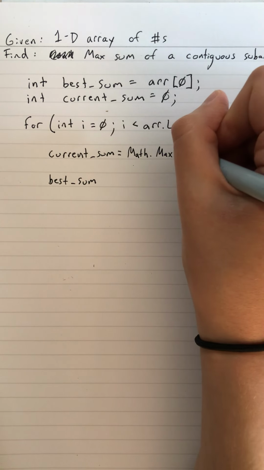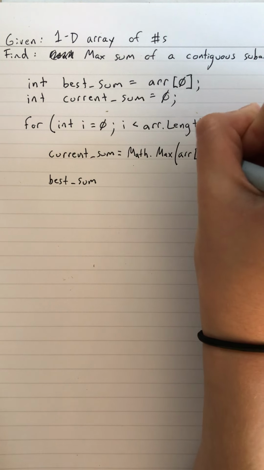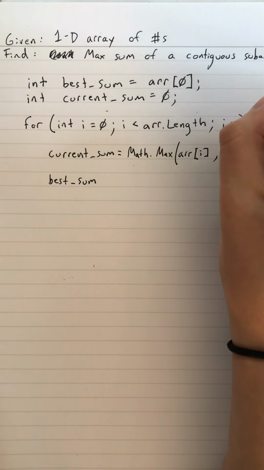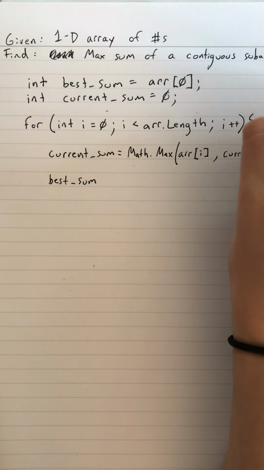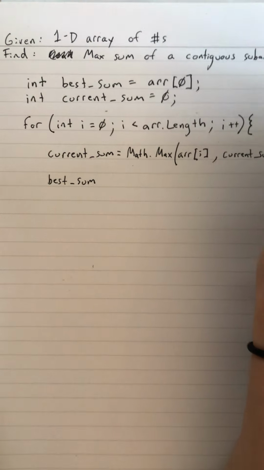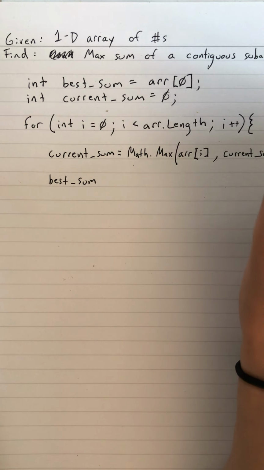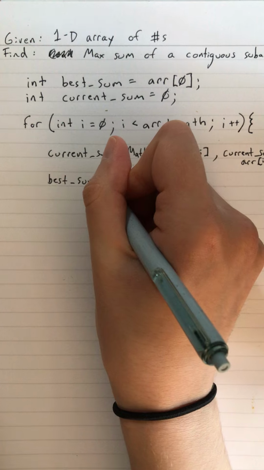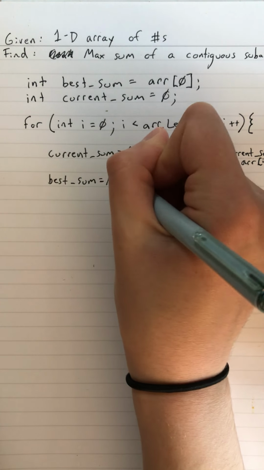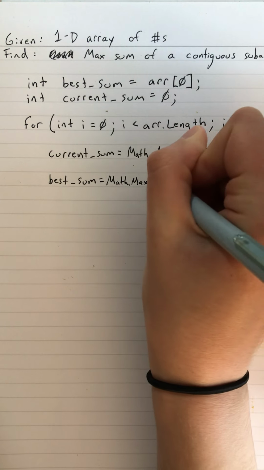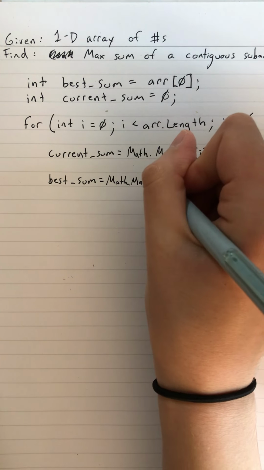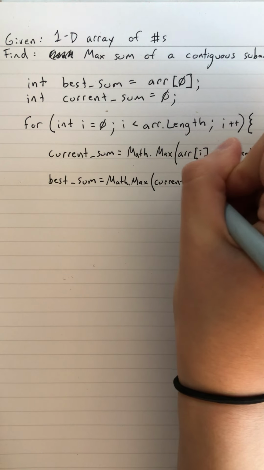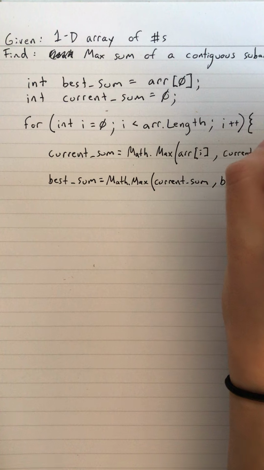So between array of I and current sum plus array of I. To best sum, we'll assign the max between the current sum and the best sum.